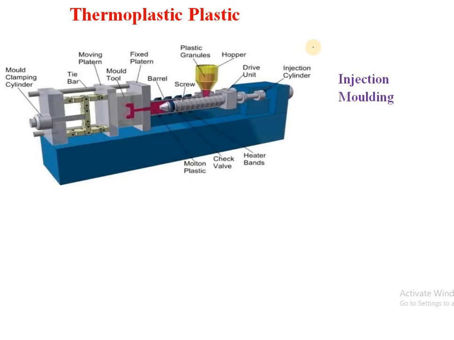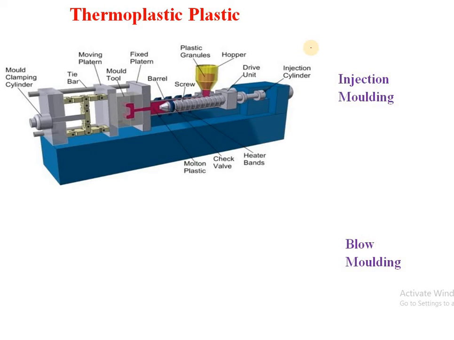Whereas next is thermoplastic. There are four main basic plastic manufacturing processes. First is injection molding. This process has a very wide application. Nearly 35% of plastic products are manufactured by the injection molding machine.